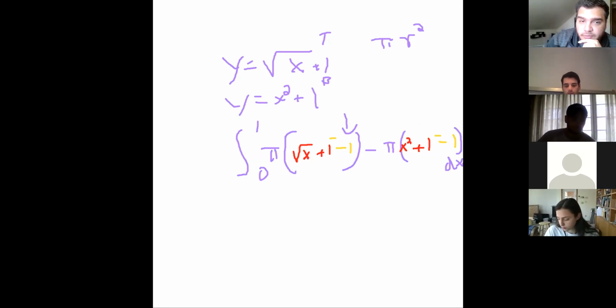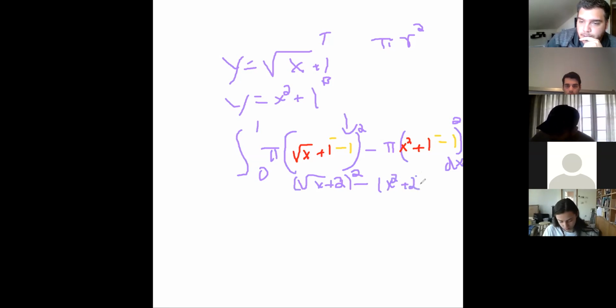And we could combine some like terms. So we could make this square root of x plus 2, because it's double negative, squared, minus, and don't forget the little squares, my fault on that, x squared plus 2, close, squared, dx, integral from 0 to 1, and then we have that pi on the outside.